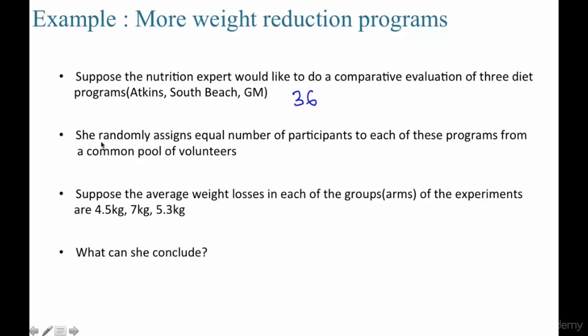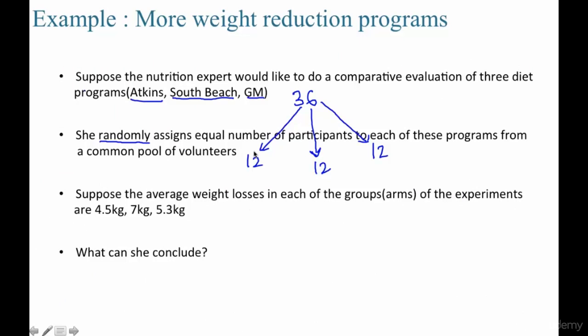This nutrition expert randomly assigns 12 of them to Atkins diet program. She randomly assigns another 12 people to South Beach diet program, and the remaining 12 people are assigned to GM diet program. All right.